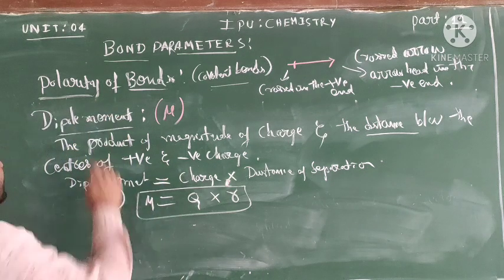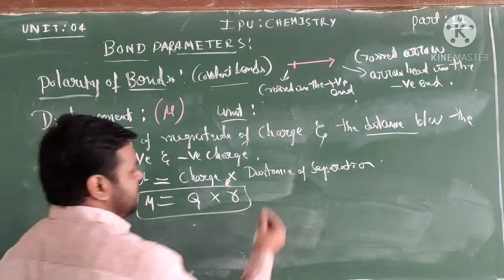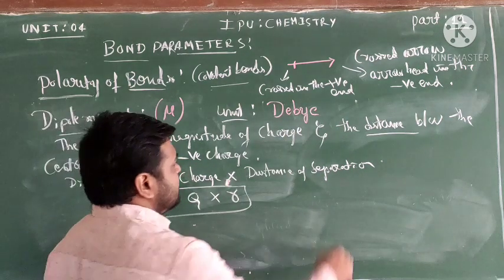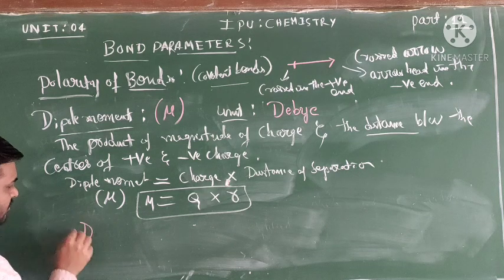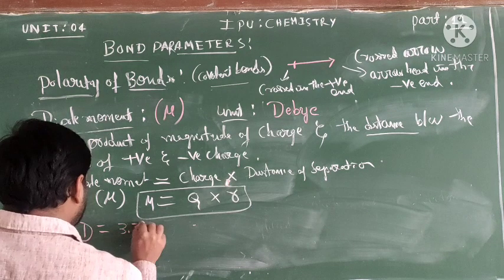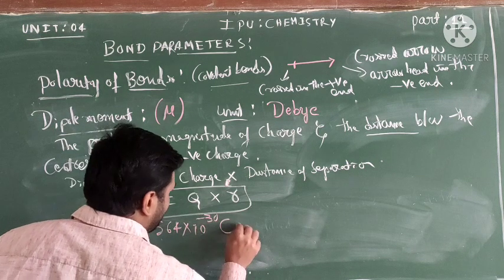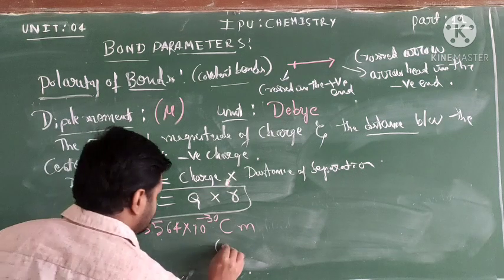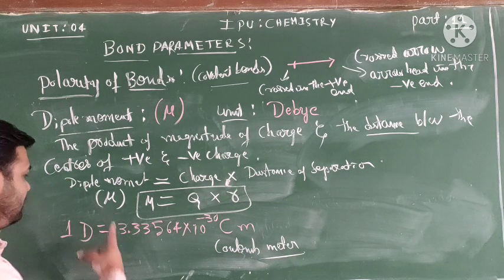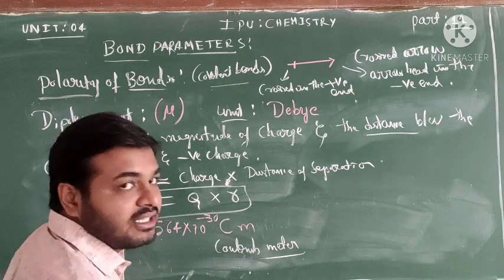The unit of dipole moment is Debye, D-E-B-Y. 1 Debye means the value is 3.33564 into 10 to the power of minus 30 coulomb meter. This is the value of 1 Debye.